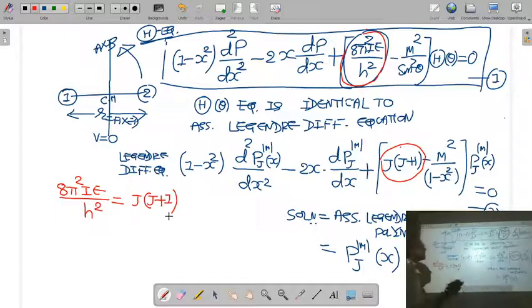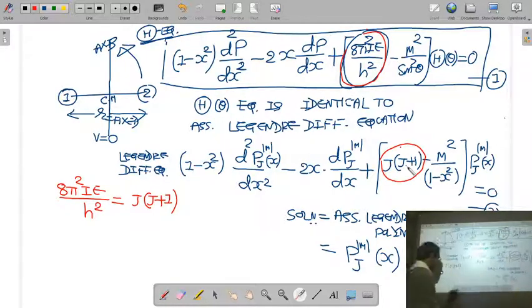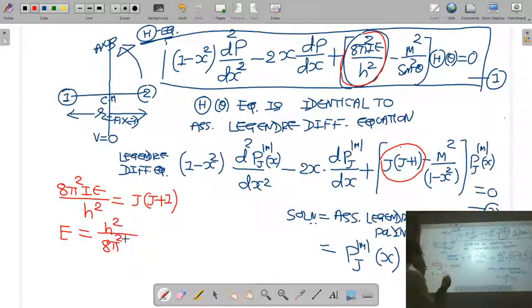So our theta equation is exactly identical to the Legendre differential equation, provided we put 8 pi square I upon s square equal to j into j plus 1. From this comparison, you can say that E is equal to s square upon 8 pi square I times j into j plus 1.